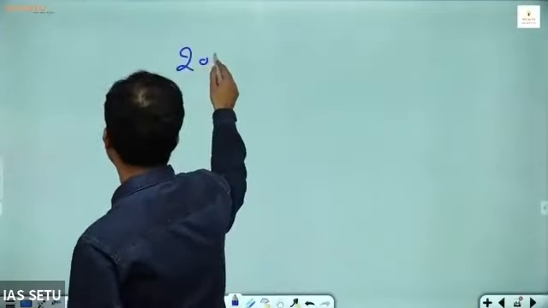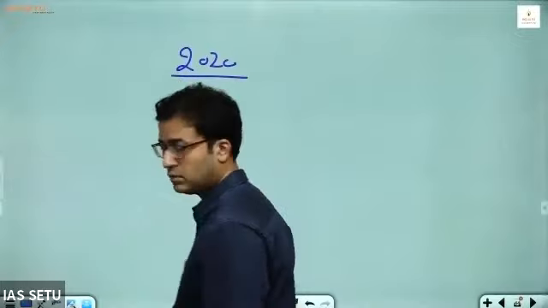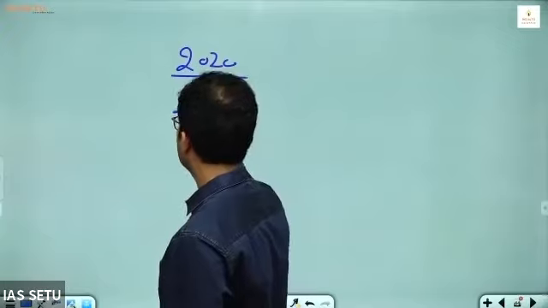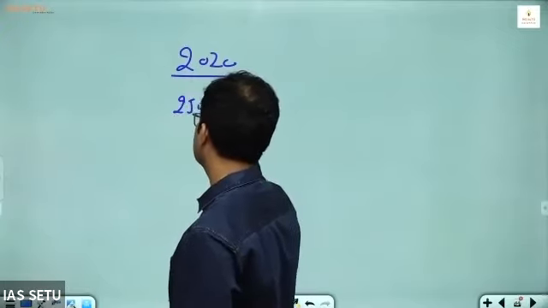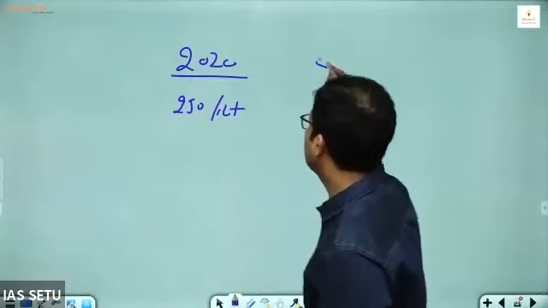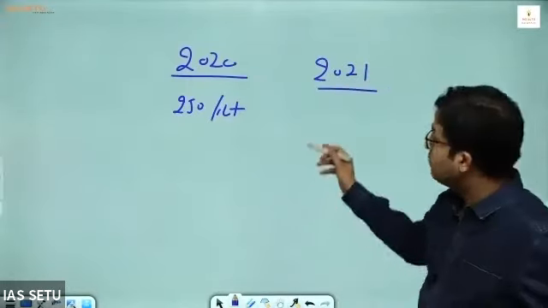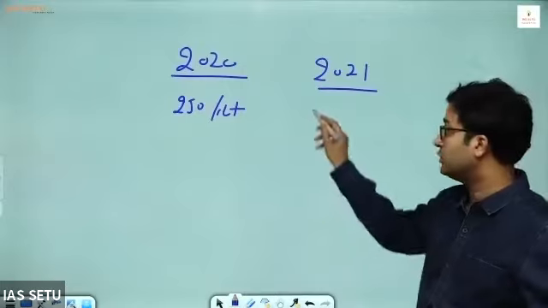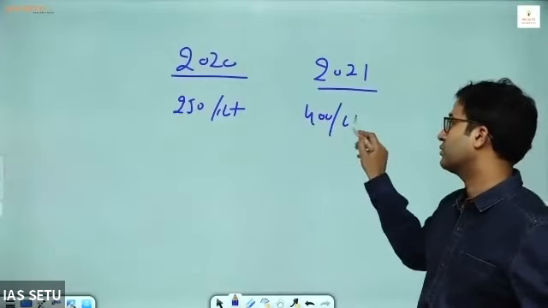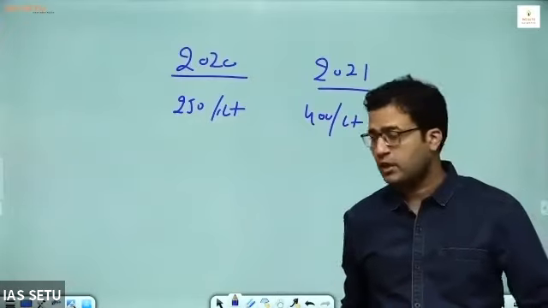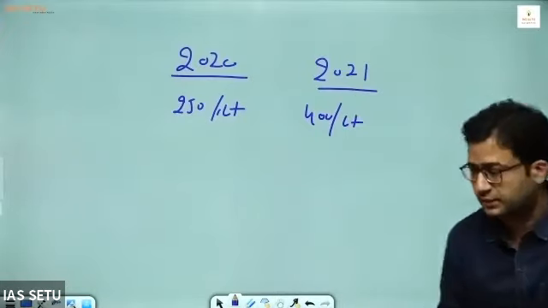Sanitizer, 2020, 1 liter used to cost 250 rupees, 250 rupees per liter. In 2021, it became, I check your calculation, 400 rupees per liter. So from 250 to 400, calculate how much percentage increase is there.